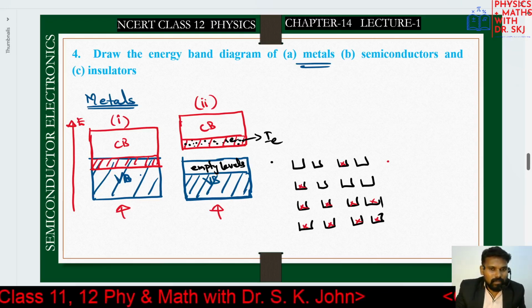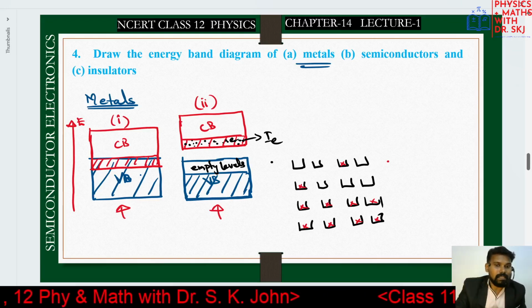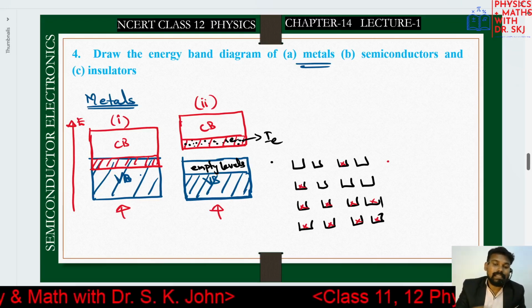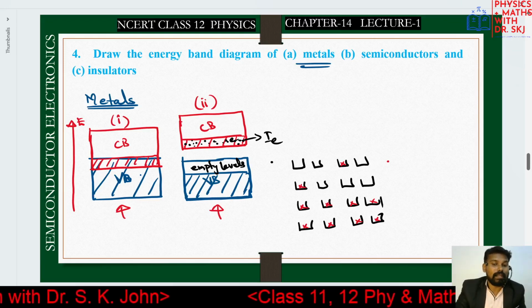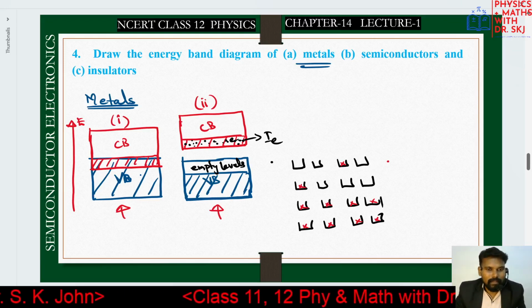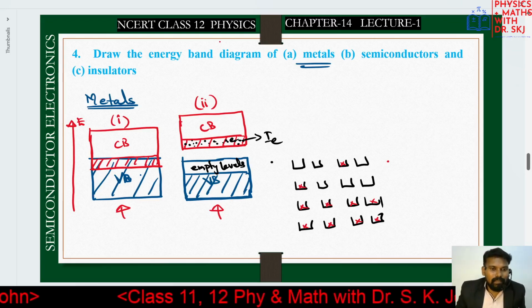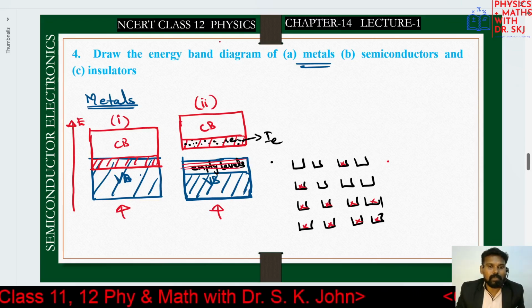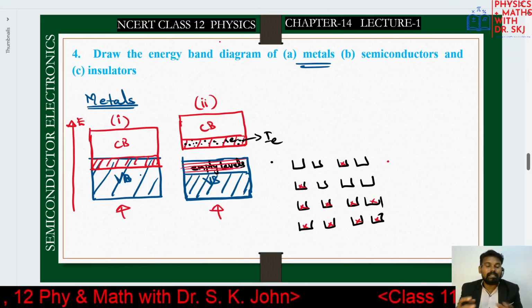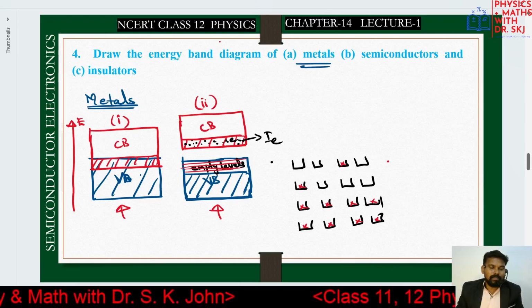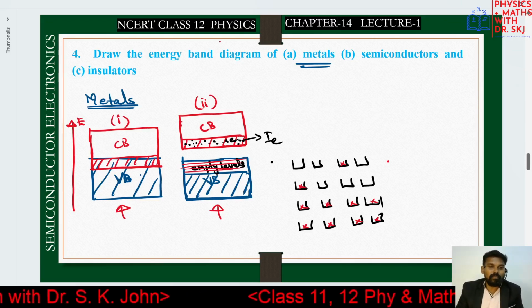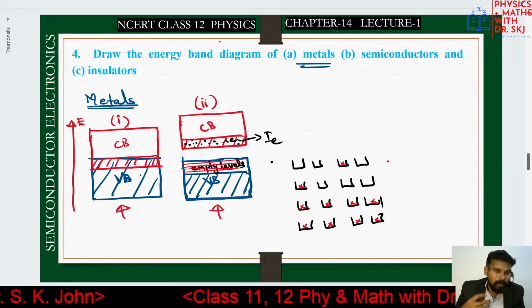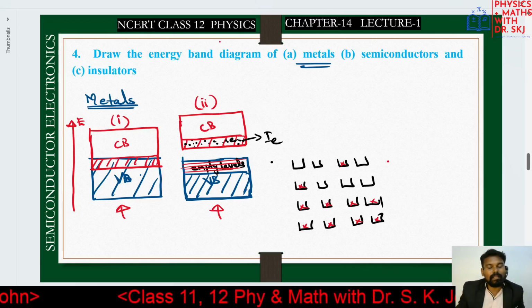Some preferable seat, you can move to some preferable seat. But if all the seats are filled, you cannot move from one seat to another, because all the seats are occupied. So some empty levels in the valence band produce conductivity. They allow the movement of electrons from one level to another level.